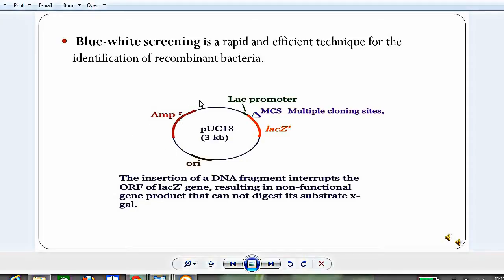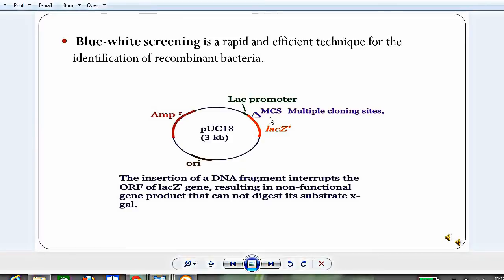Any bacteria which has been successfully transformed will be carrying this plasmid. This plasmid has an ampicillin resistance gene, so we get a protein which will degrade ampicillin. So those bacteria carrying this plasmid will be able to degrade ampicillin if the media contains ampicillin, and they will be able to grow, because ampicillin is an antibiotic which inhibits the growth of bacteria.